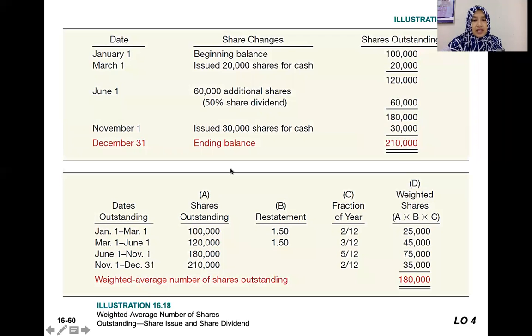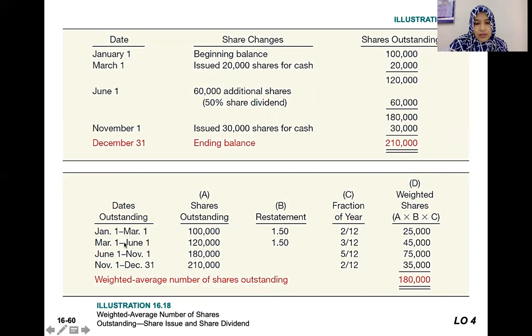That's why you see here a restatement of 1.5. 1.5 means for every 1 share, the existing shareholder will receive 0.5 additional shares. That's why the restatement is 1.5.